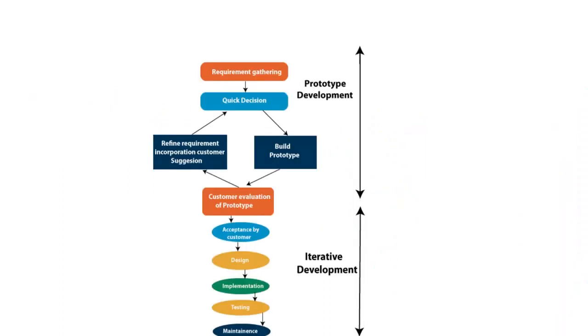The prototype model requires that before carrying out the development of the actual software, a working prototype of the system should be built. A prototype is kind of a toy implementation of the system. It usually turns out to be a version of the actual system, exhibiting limited functionalities.